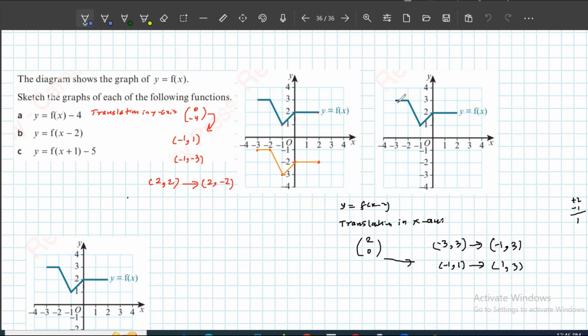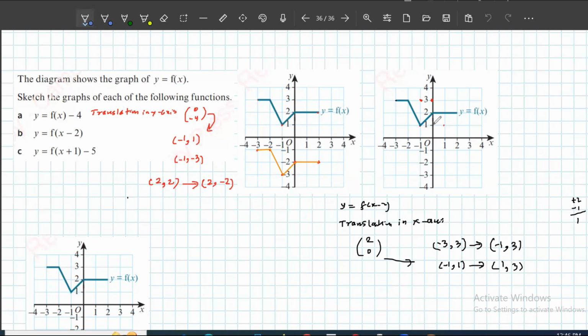For example, this one we found (-1, 3). Look, -1 is here and 3 up. Yes, 1 2 3. So straight away 2 units right from each corner point. This would be 1 2.